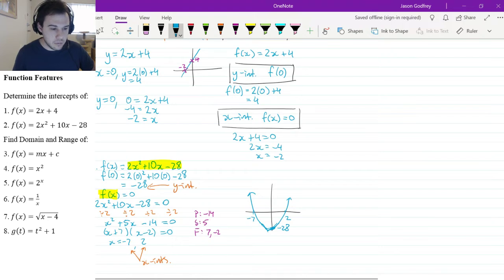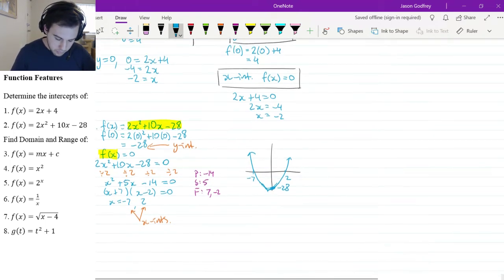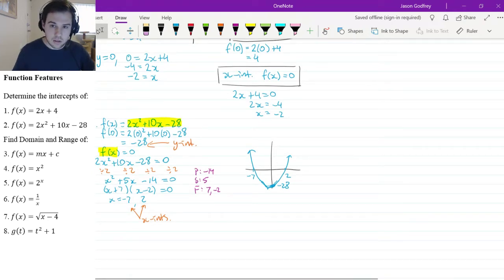You can't get, for example, assume that the vertex isn't lower than 50 or so, you can't get, say, negative 500 or negative 2317. Those values you can't get as an output. There's no number you can input into the function and get the number negative 2317.